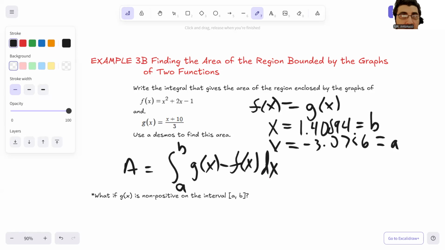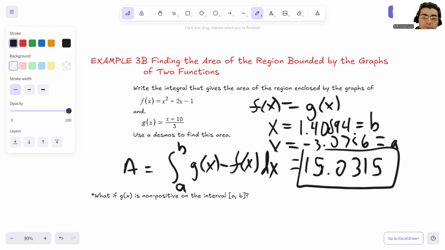Since f and g and a and b were already defined, I can just use those instead of writing out the entire functions and numbers again. And then I could just put the answer, 15.0315, go out at least 3 decimal places of accuracy there. Okay, and then that's all I would have to do.